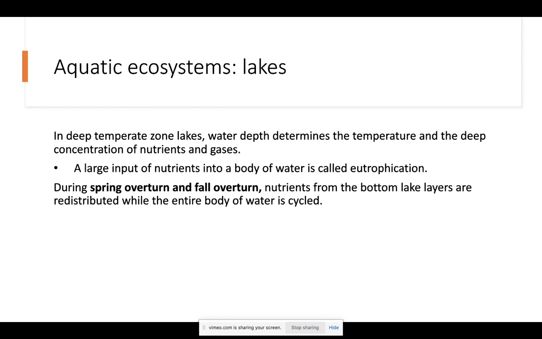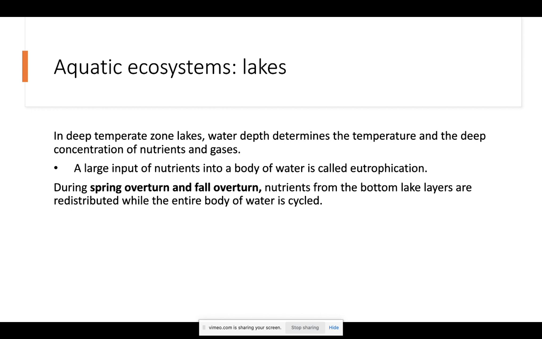So eutrophication happens, which is just a large input of nutrients into a body of water. And this occurs through various different means. This can occur through just the different wildlife living within the lake itself. It's important to know about spring overturn and fall overturn. And I thought this is cool.